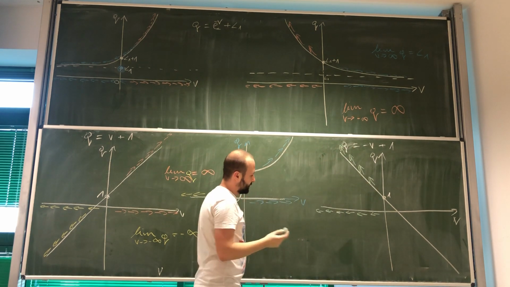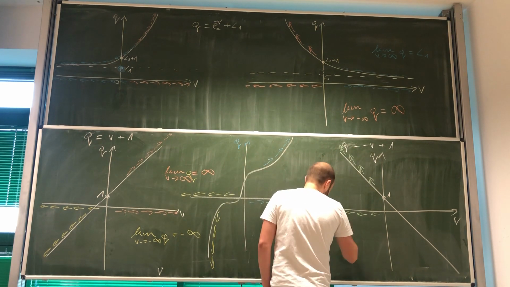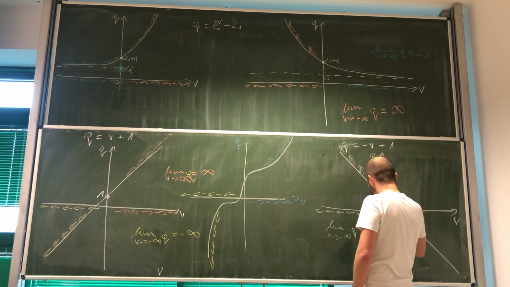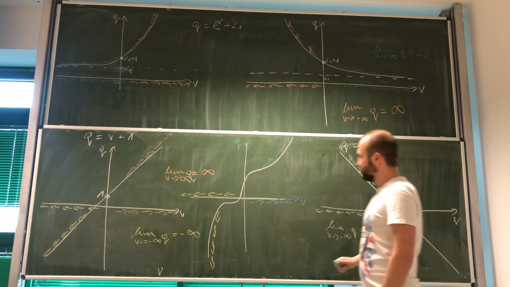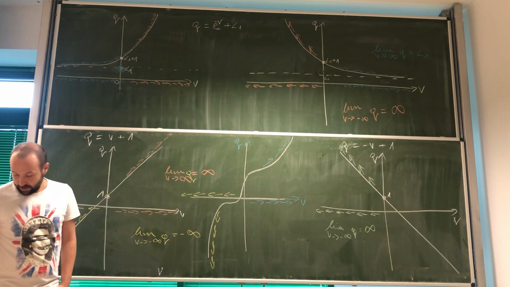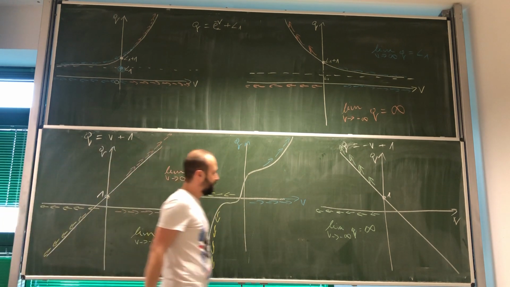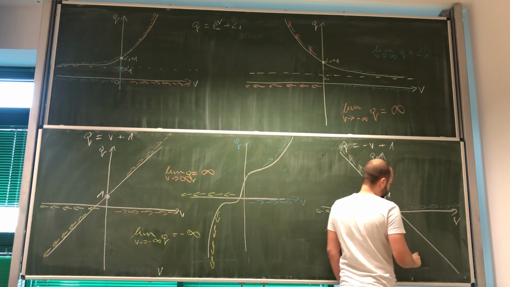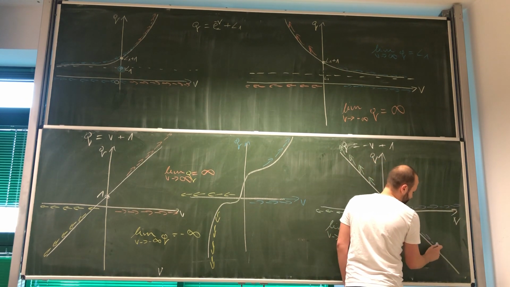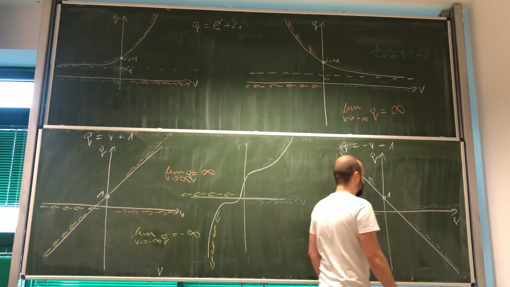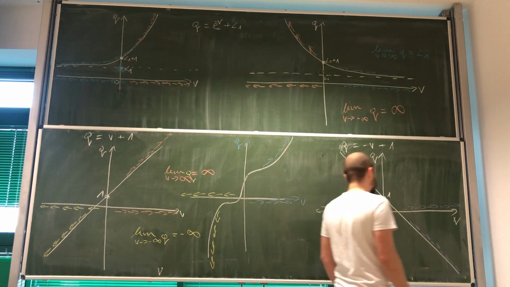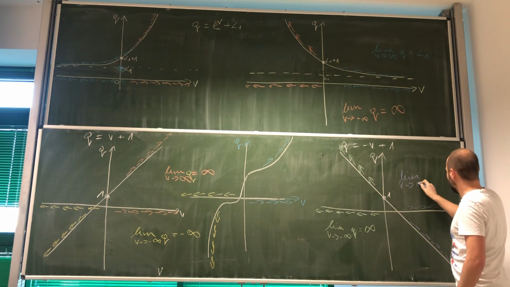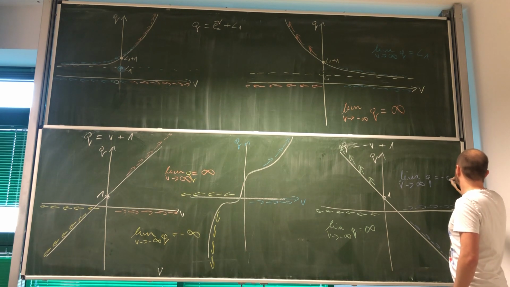So the limit with v approaching negative infinity of q is infinity. And when we look in the other direction, as v is getting bigger and bigger, we see that q is getting smaller and smaller. So in this case, the limit with v approaching infinity of q is negative infinity.